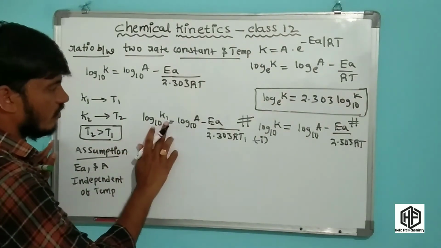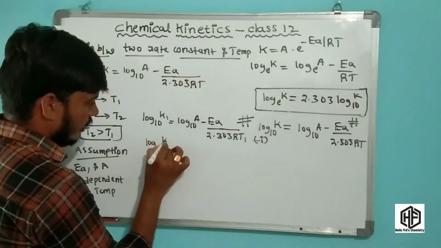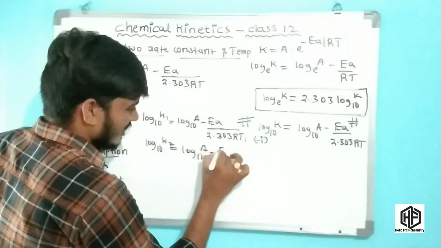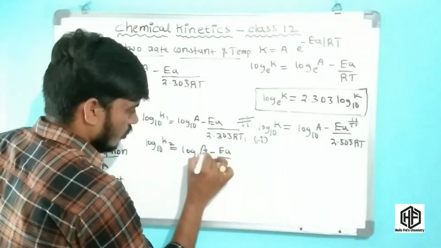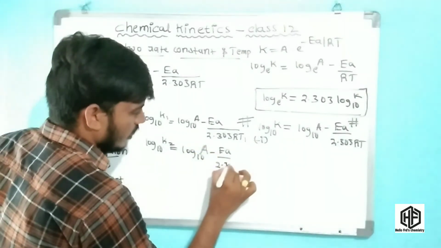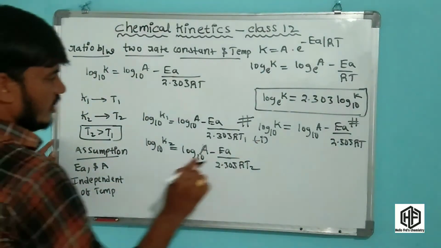At K2, the rate constant equation is log base 10 K2 equal to log base 10 A minus Ea by 2.303 R T2. This is equation 2.